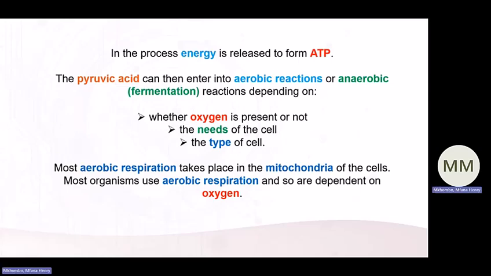The pyruvic acid can then enter aerobic reactions or anaerobic fermentation reaction, depending on whether oxygen is present or not, or on the needs or type of the cell. Most aerobic respiration takes place in the mitochondria of the cell, and most organisms use aerobic respiration and so are dependent on oxygen. Like us humans, we depend on oxygen to keep us alive.